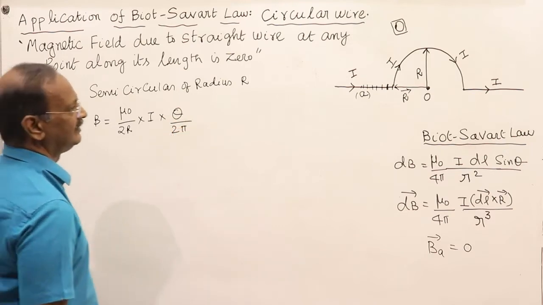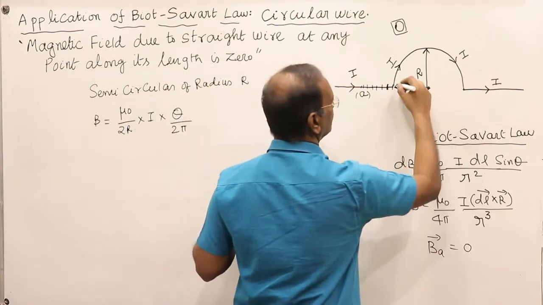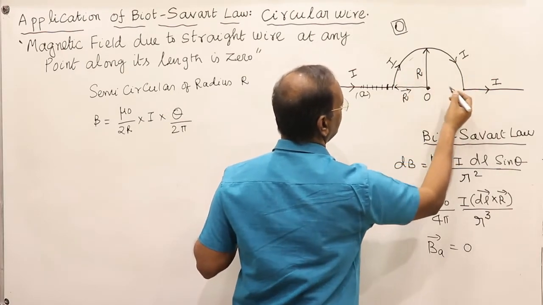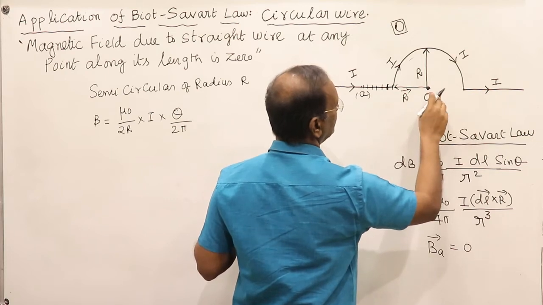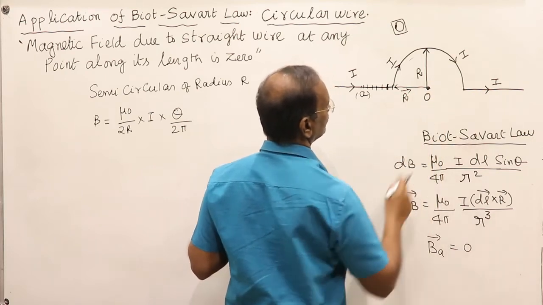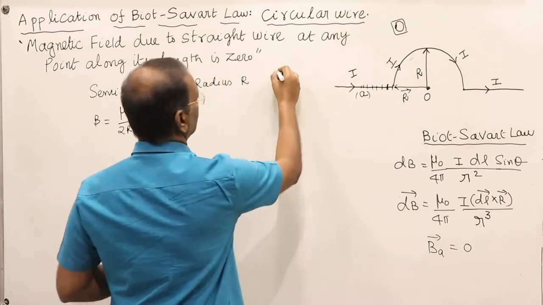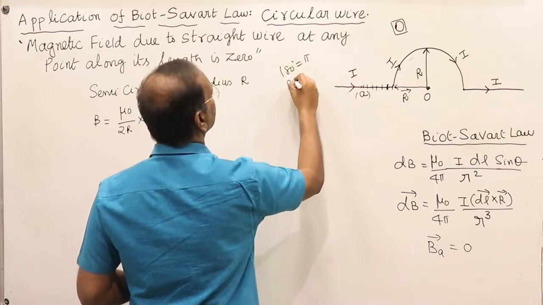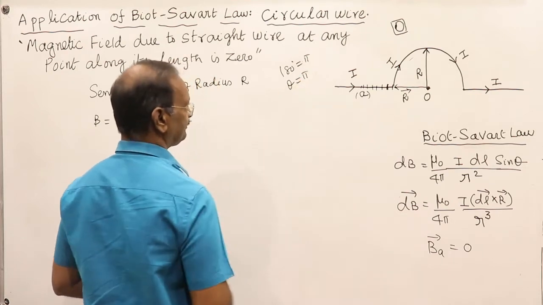What is the angle subtended by the semicircle? From here to here is 180 degrees, that is pi. So theta is equal to pi.